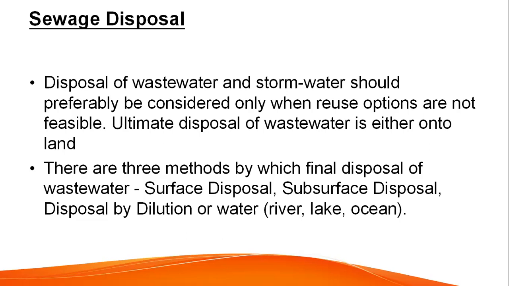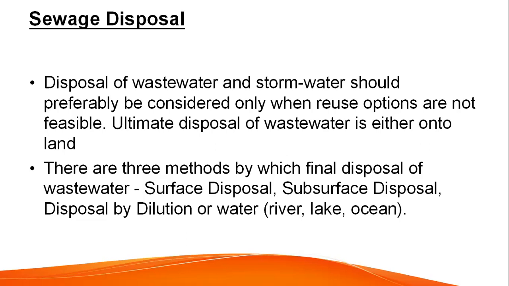There are three methods by which the final disposal of wastewater can be carried out. First one is surface disposal, second is subsurface disposal, and third is disposal by dilution or water. First, I will try to explain just a bit verbally what surface disposal is. Generally, this is disposal by irrigation.